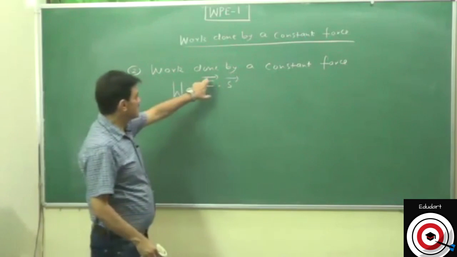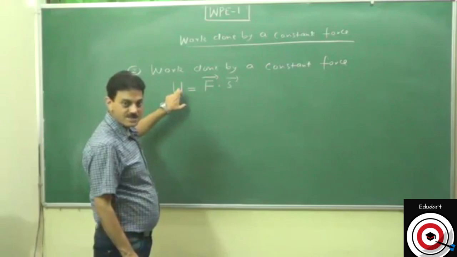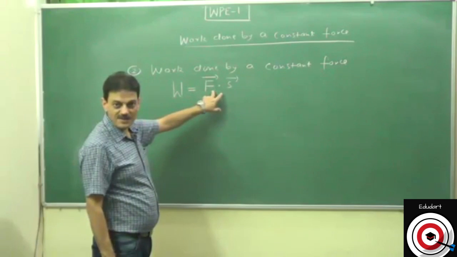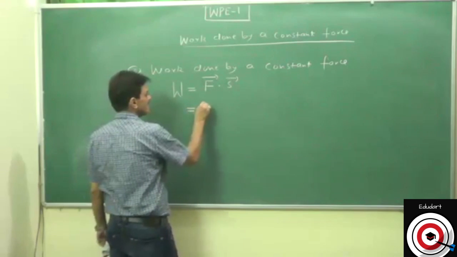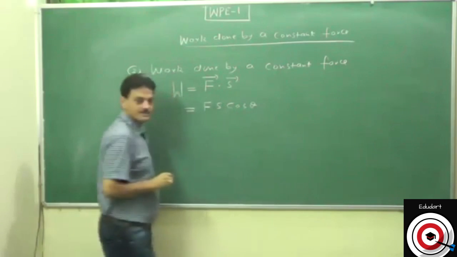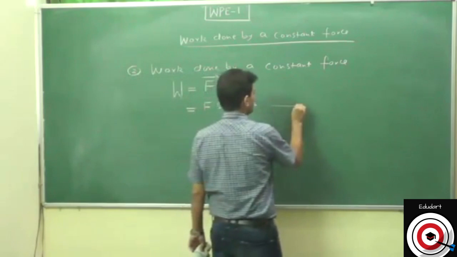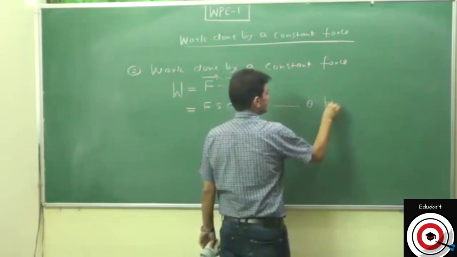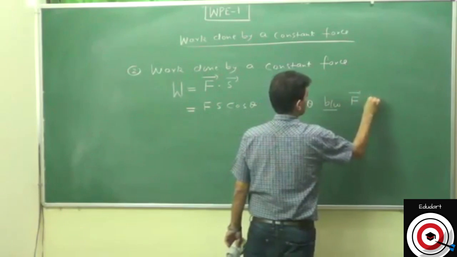This is a vector, but this is a scalar. Reason being, dot product of two vectors is always a scalar quantity, or you can say it is F s cos theta, where theta is the angle between F vector and S vector.